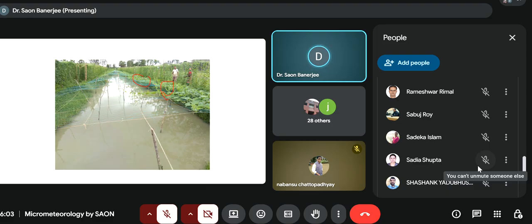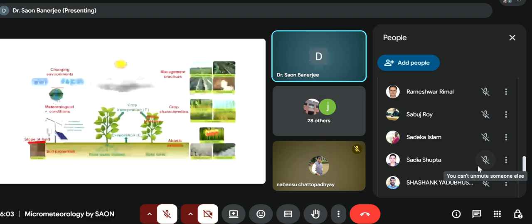This is bottle gourd. Once they grow the bottle gourd, with the help of a small boat they go inside this dense cover and harvest it. So these are examples of microclimatic modification through which you can conserve your natural resources.